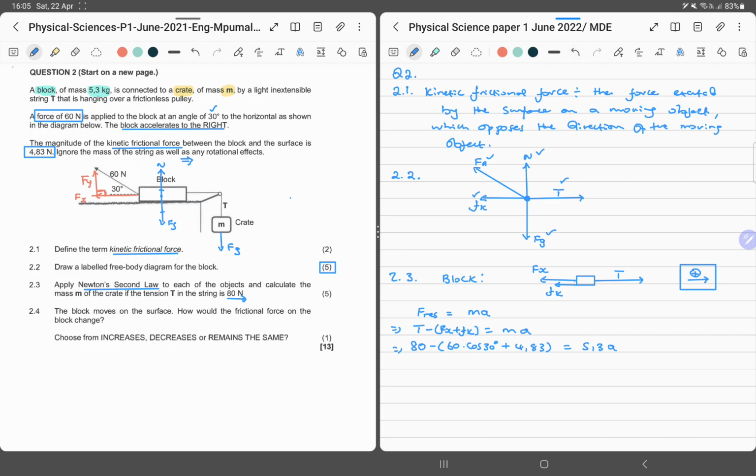And then of course we can simplify things a bit. We're going to have here 80 minus 60 cos 30, no, plus 4,83.